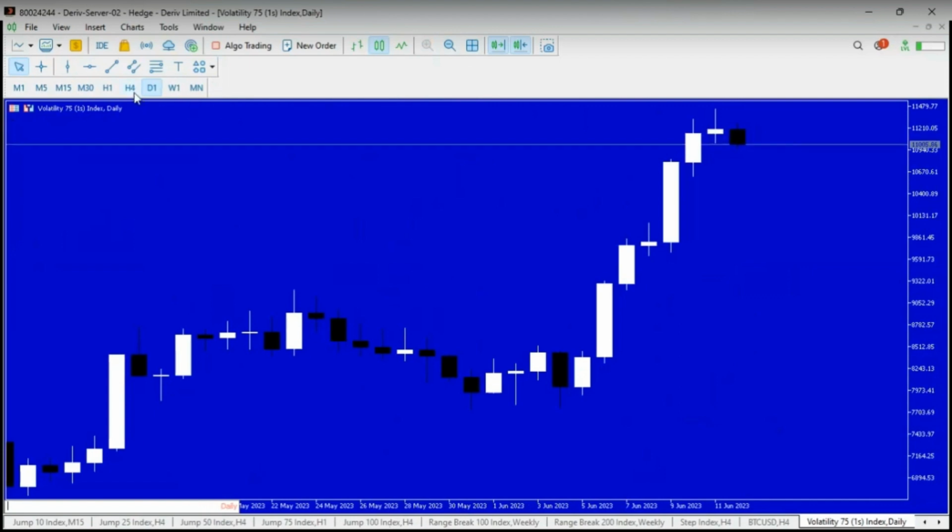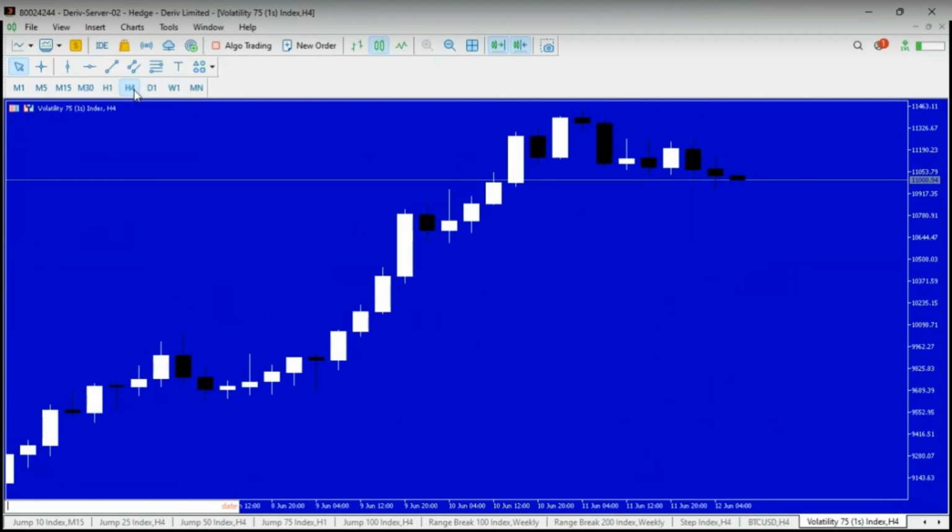Now let us go down with our time frame. What happened now is that the bears or the sellers seem to be in control. But just like I said, there is a tug of war happening there. Even though the sellers seem to be winning on this one, not really.